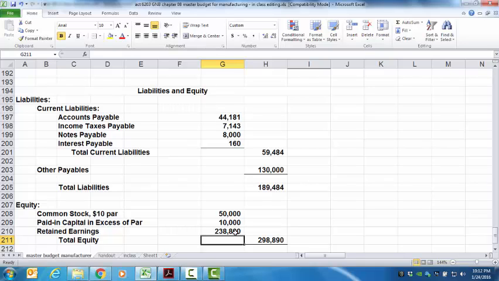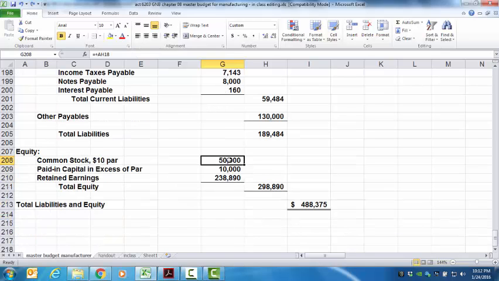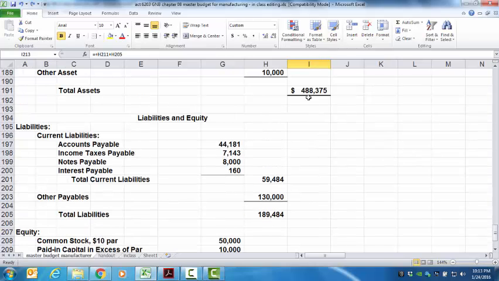Now, notice this time when I did that through, your handout should have like $1 there, and that's purely because I've got a rounding issue going on here. When I add all those together, you get your total equity, and when you add that to your liabilities, you get your total liabilities and equity, which does equal your total assets.